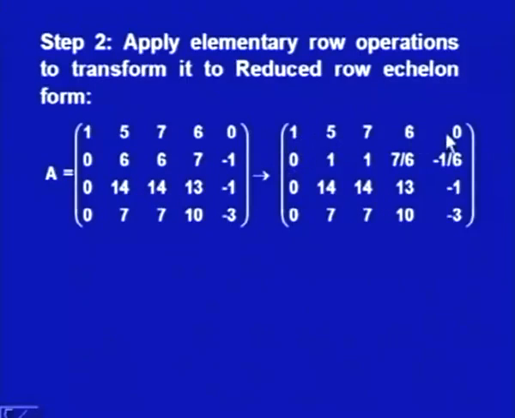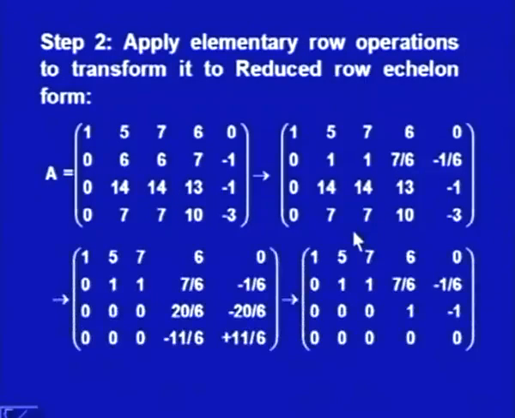I have the first row written as it is, and I will first try to make the first column 0. When I apply the linear transformation, the matrix A reduces to this form, and from this we apply more linear transformations so that it reduces further to this form.